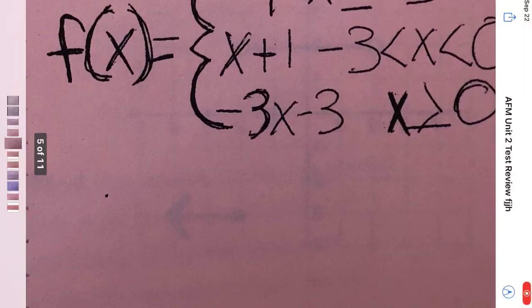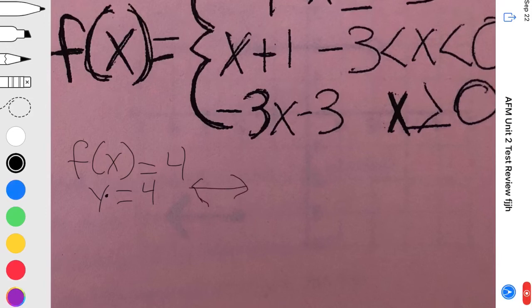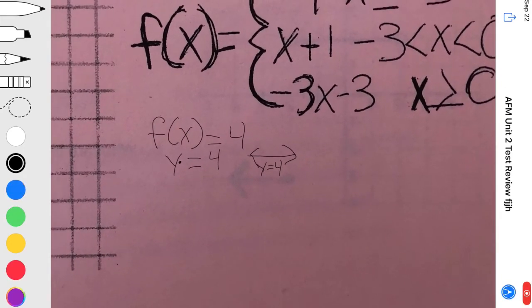If we have a function f of x equals 4, or the same thing as y equals 4, that means that there's going to be a horizontal line where y is 4. Always. Doesn't matter what the x value is.